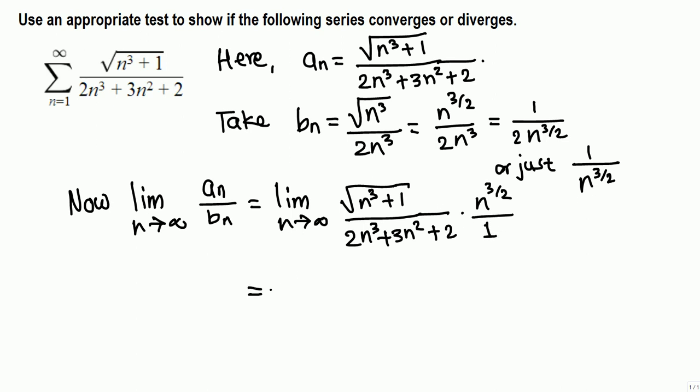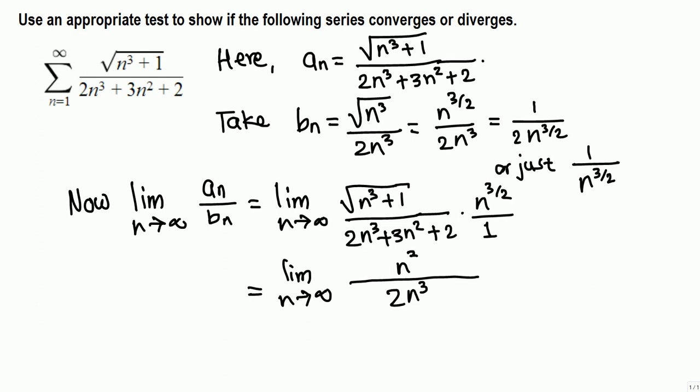Now let's find this limit. Though this is not a polynomial, when n goes to infinity the limit matters only on the leading terms. 2n cubed on the bottom. On the top the leading term is square root of n cubed, times n raised to 3 halves, which is n raised to 3 halves times n raised to 3 halves.